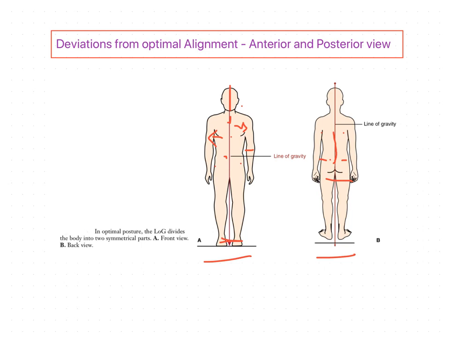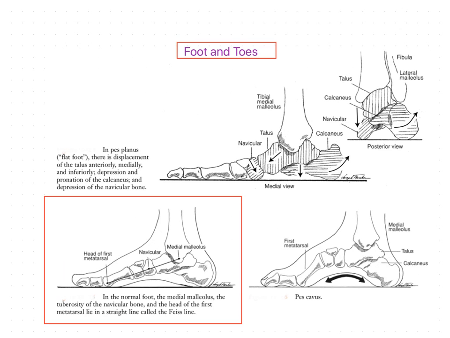When one malleolus appears more prominent or lower than the other and calcaneal eversion is present, it is possible that there is a common foot problem known as pes planus. So this is the flat foot, pes planus. Here you can find the calcaneal eversion, and here you can find the decreased arch.